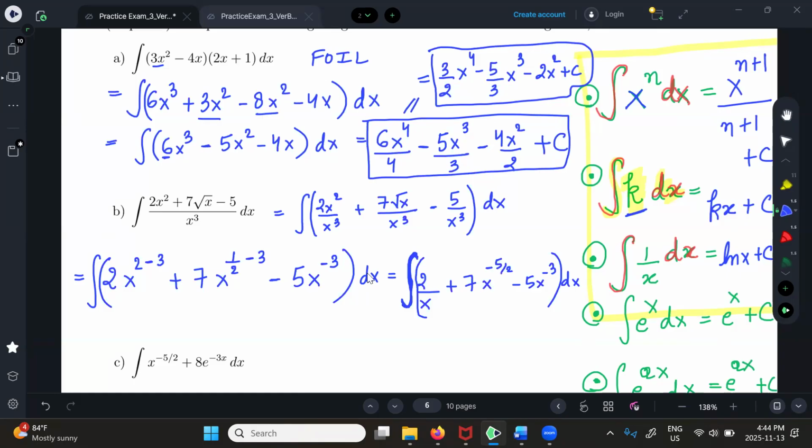Follow the procedure, okay? Make everything a power first, then apply the rule on each and every term. By rule, I mean the formulas on the side. On each and every term together at the same time, and remove the symbol. So now I'm applying the rule in this step. 2 over x becomes 2 ln x. And what is negative 5 over 2 plus 1?